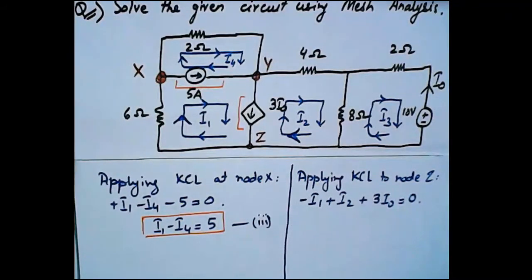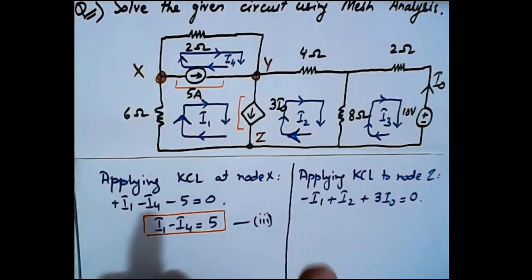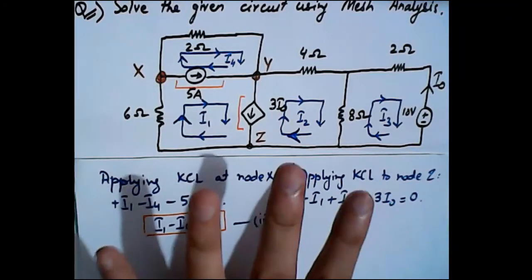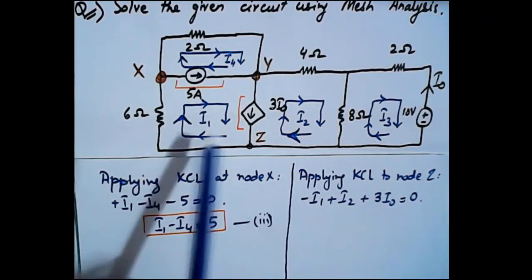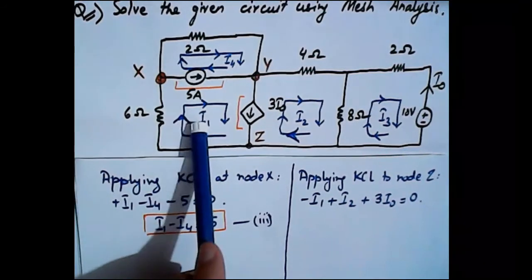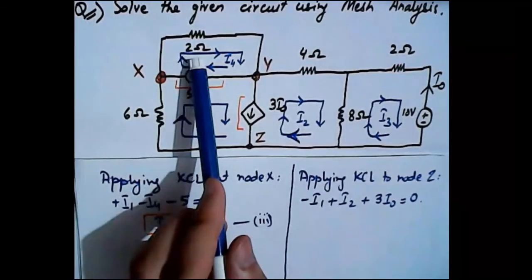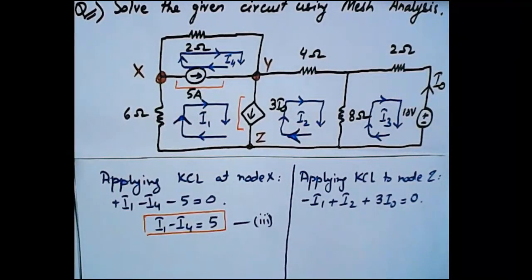But remember that there is a problem with these 4 equations. When we defined 4 equations, it was because there were 4 loops, right? And when there were 4 loops, we assigned the loop currents as I1, I2, I3, and I4. That means all 4 equations should be in terms of variables I1, I2, I3, and I4.